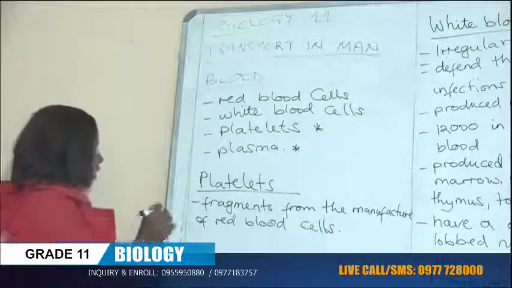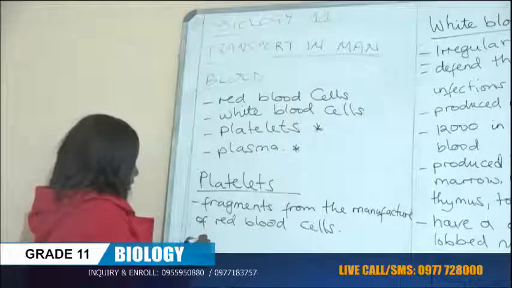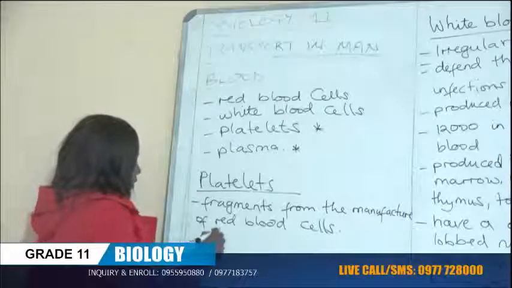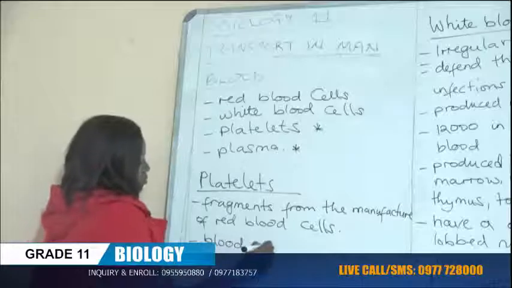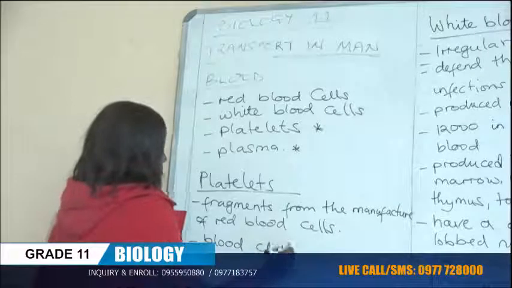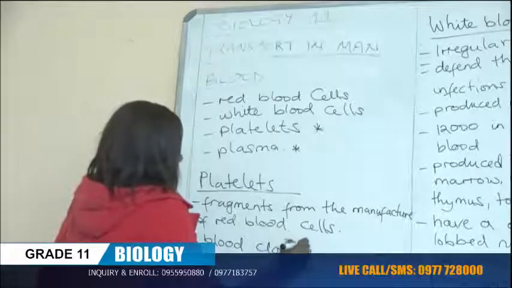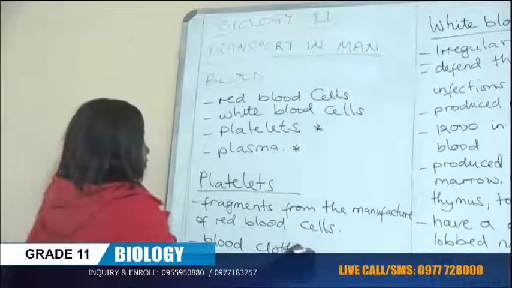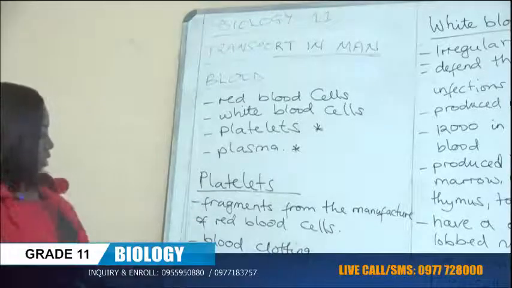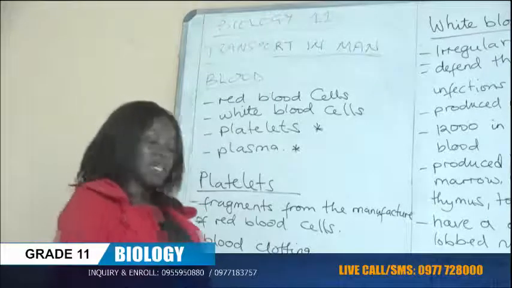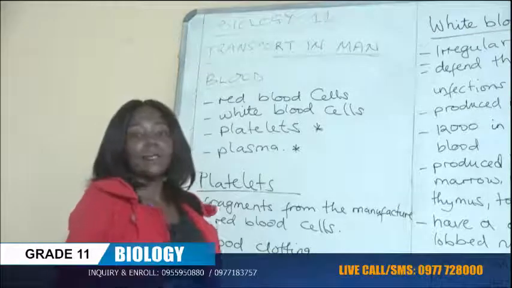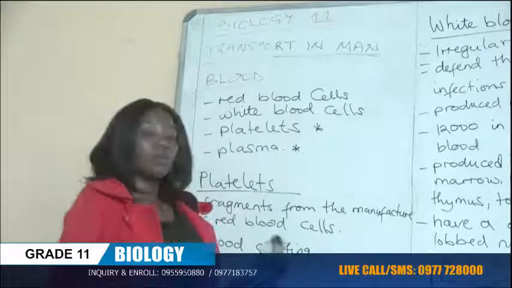Okay? Now, their function, they are important in the process of blood clotting. So clotting is the process of stopping bleeding. Clotting is a process of stopping a bleeding or a sore from bleeding.